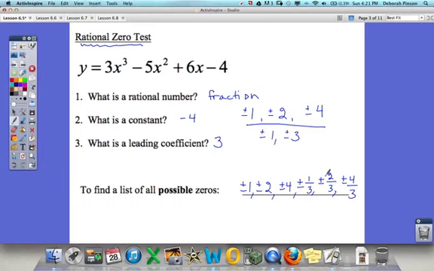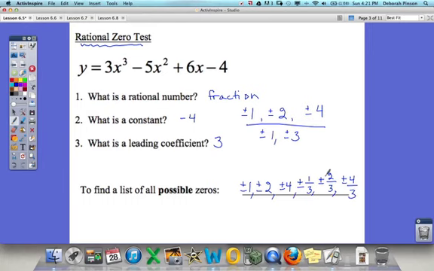Now these zeros listed here are the rational ones. So this doesn't list anything that's irrational, so something like square root of 7 isn't going to be on our list. It doesn't give us anything that's imaginary. If it's a rational number, it should be on this list, and it's one of your zeros.